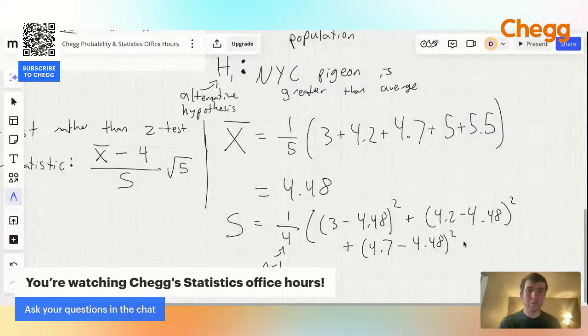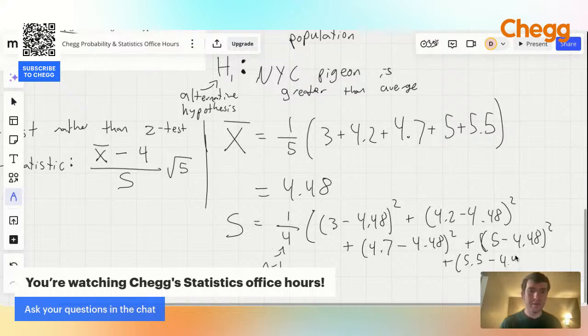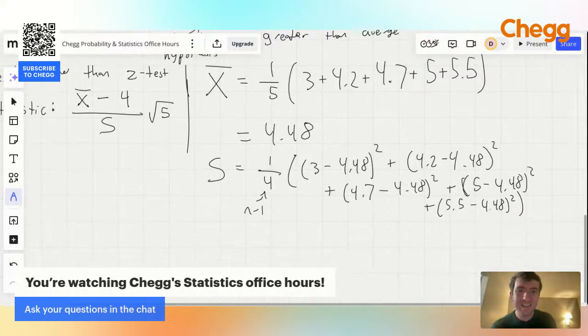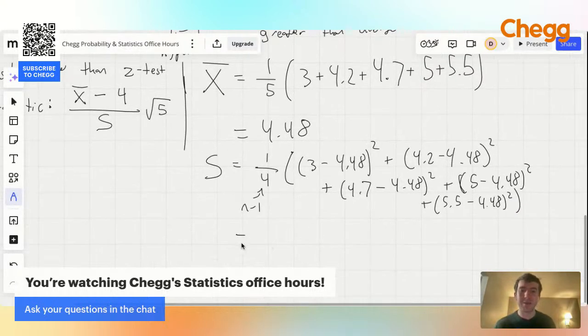So 4.48 squared, plus 5 minus 4.48 squared, plus 5.5 minus 4.48 squared. Okay, I believe I have the value for this, and I think someone posted in chat also.